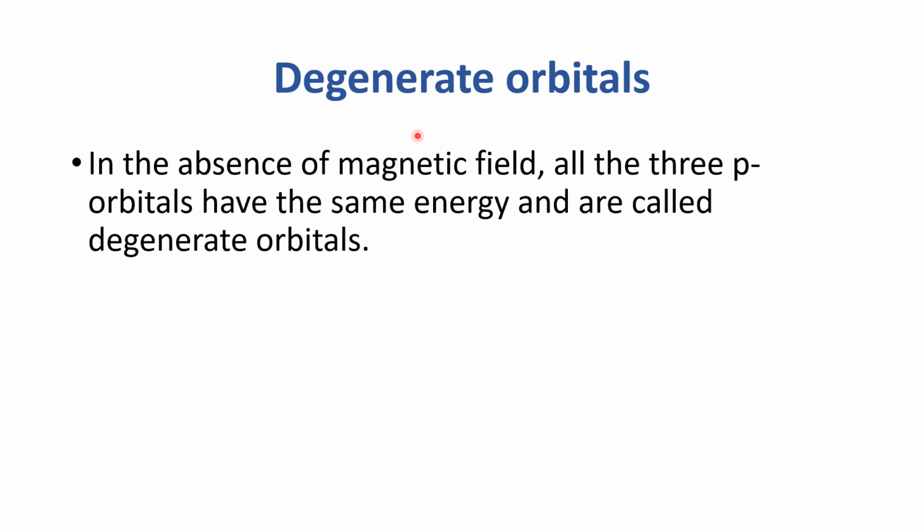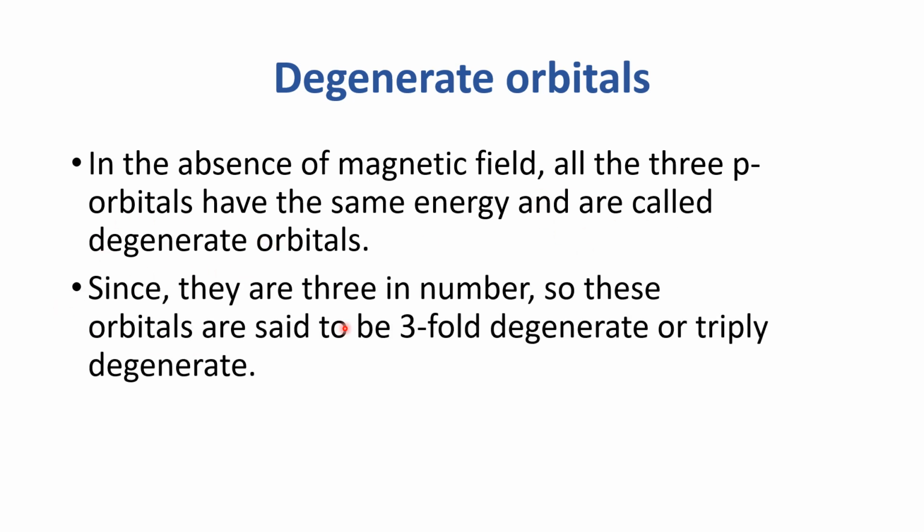In the previous slide I have mentioned that magnetic quantum number tells us about the degeneracy of orbitals. So let's see what are degenerate orbitals. In the absence of magnetic field, all the 3p orbitals have the same energy and thus are called degenerate orbitals.